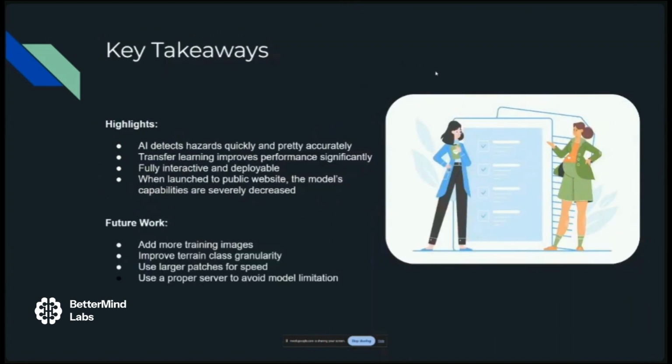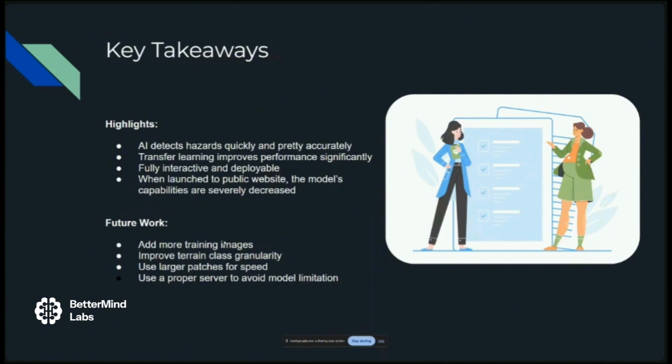My key takeaways from this project were that AI can detect visual hazards quickly and pretty accurately. A huge thing was switching from a CNN model to a ResNet model, which made the performance much better.